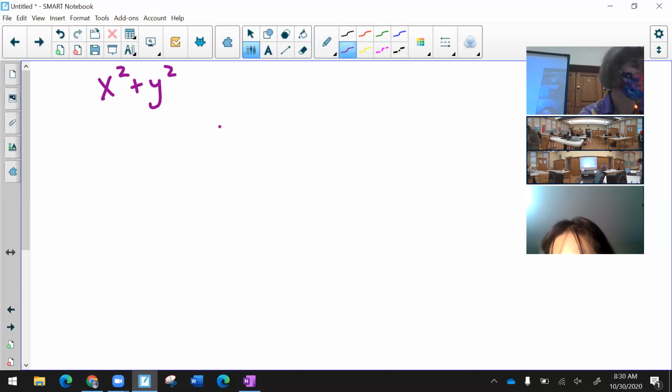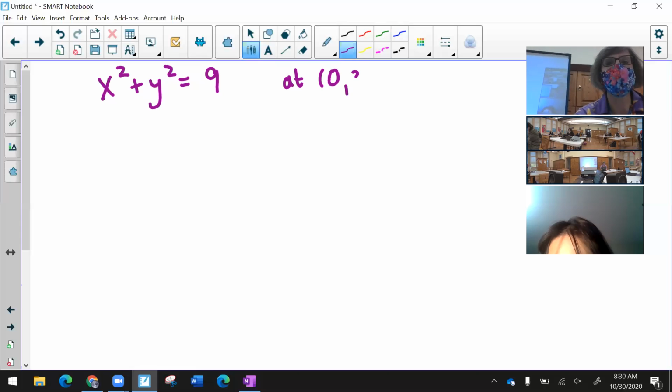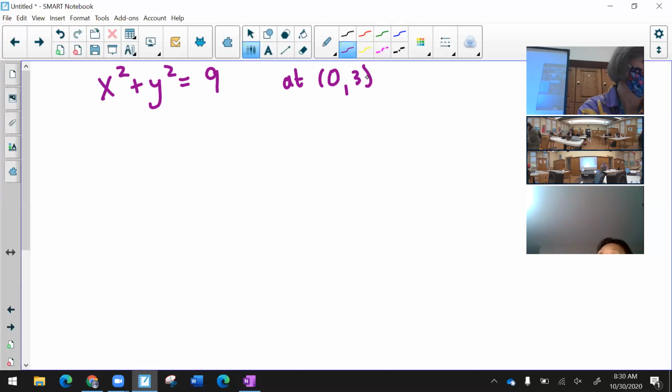We've got x squared plus y squared is equal to 9, and it wants to know dy dx, or the slope at (0, 3). So we're going to take the derivative of both sides.